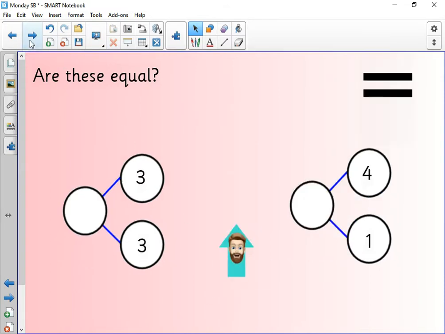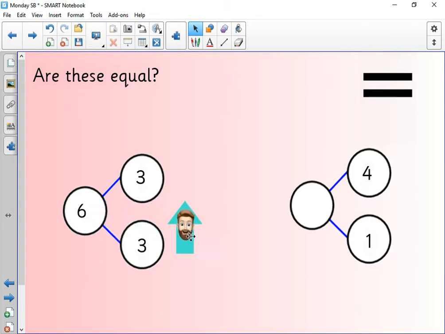Let's have a look at another one. Oh, just turn my part-whole model around this time. So the two parts here are 3 and 3. The two parts here are 1 and 4. They look different, don't they? But is the whole different? Let's find out. 3 and 3 make, shout out, that's it, 6.